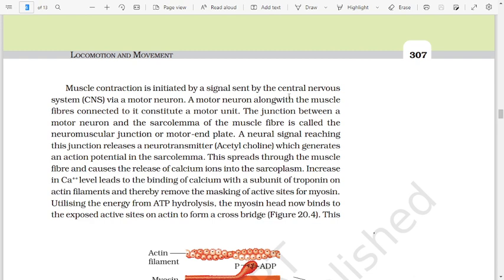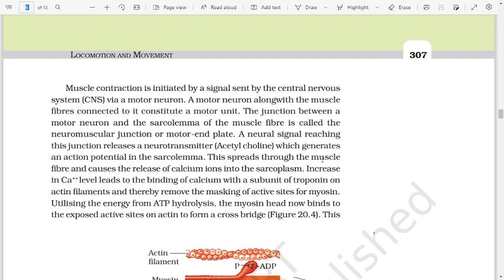A motor neuron along with the muscle fiber connected to it constitutes a motor unit. The junction between a motor neuron and the sarcolemma of the muscle fiber is called the neuromuscular junction or motor end plate. A neural signal reaching this junction releases a neurotransmitter acetylcholine, which generates an action potential in the sarcolemma.